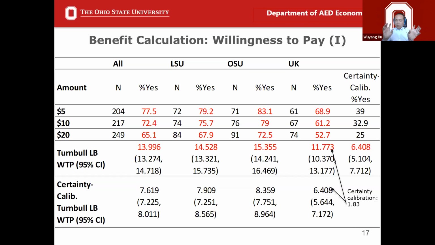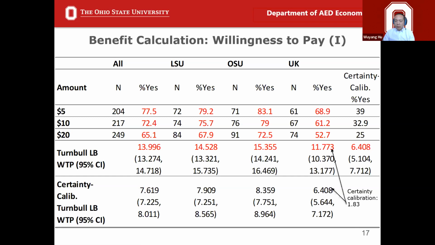We ask the yes or no question, and we follow up with certainty. And people say, I did say yes, sir, but I wasn't really very sure. For those people, we treat them as if they're a no. So you can imagine by doing this, we are doing a conservative measure of people's willingness to support the bee campus certification. And if we do that, our value is not $11, it's $6 on average for the Kentucky sample.